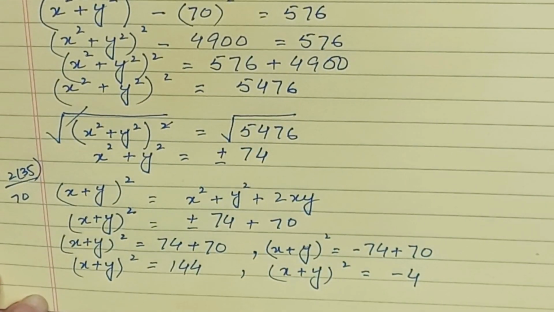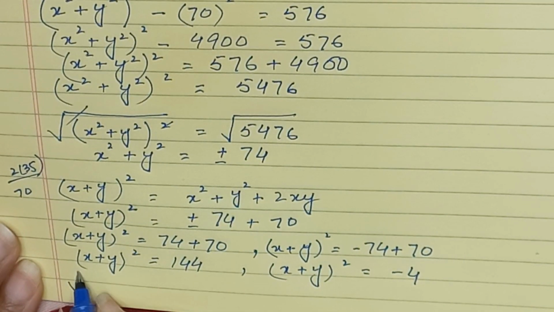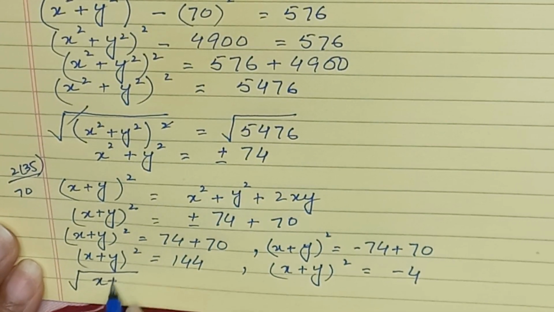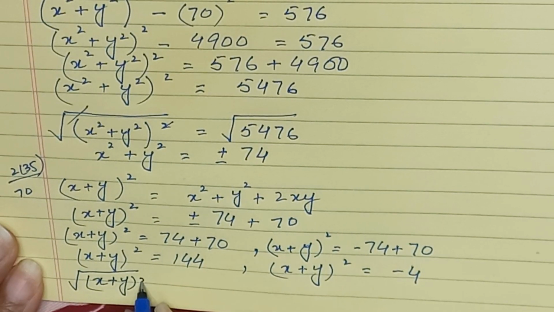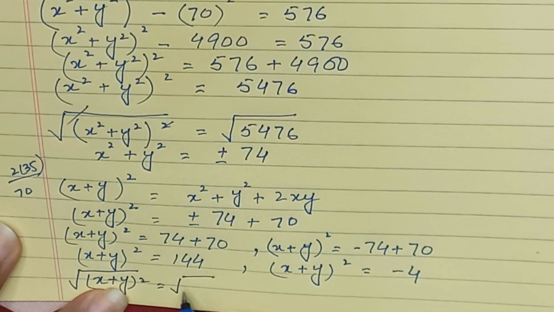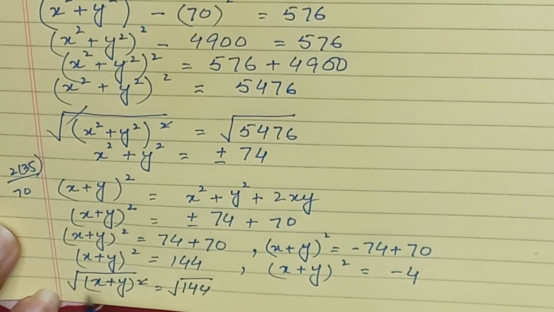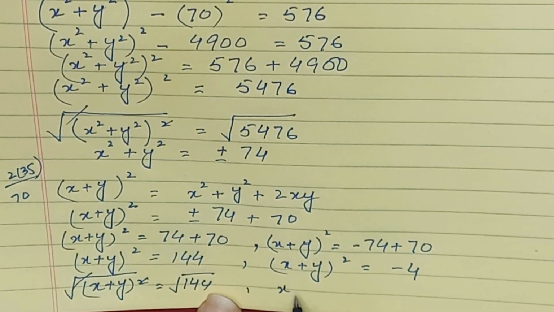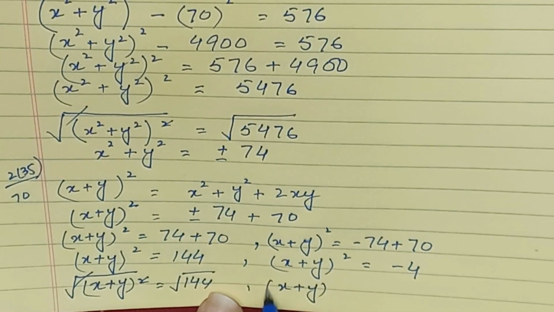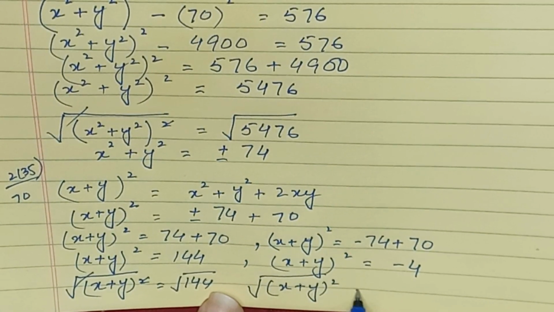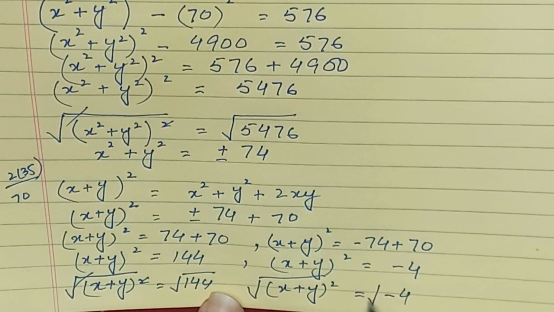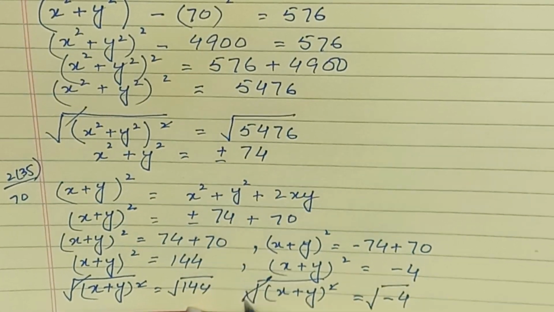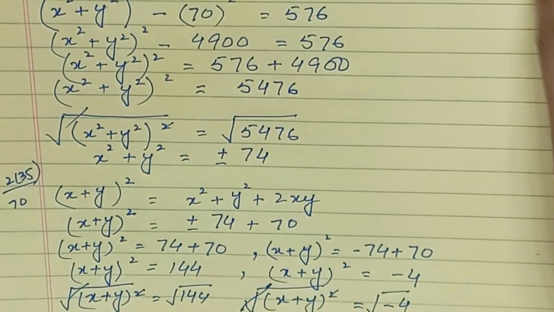Now we will take square root on both sides. (x plus y) whole square and square root of 144. So from here square and square root will be cancelled out, and same case here, we will take square root of negative 4. So square and square root will be cancelled out from here.